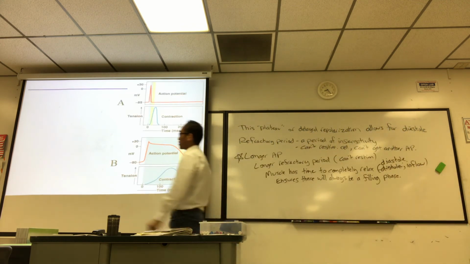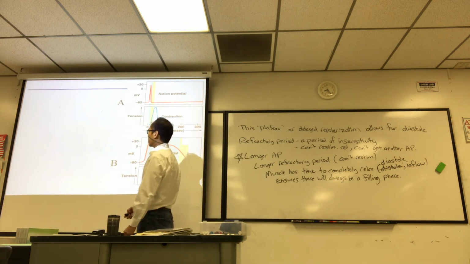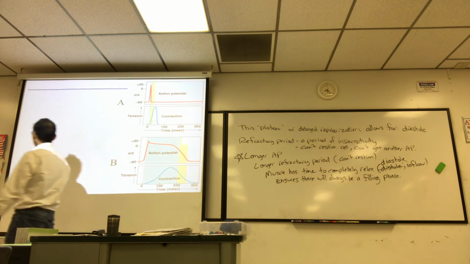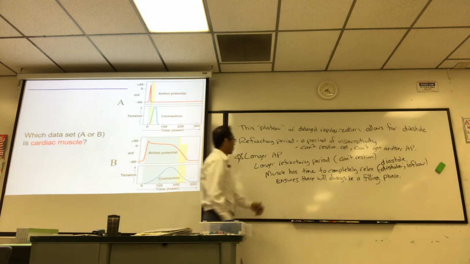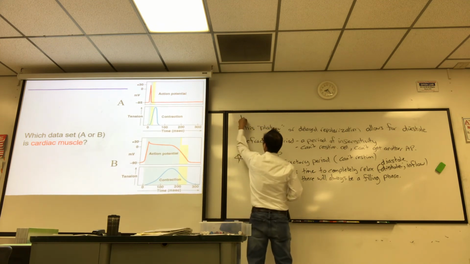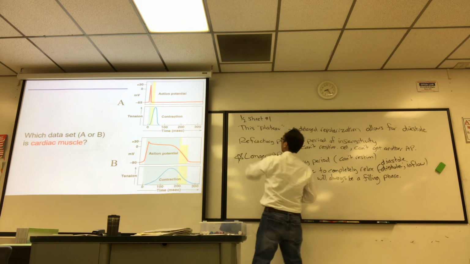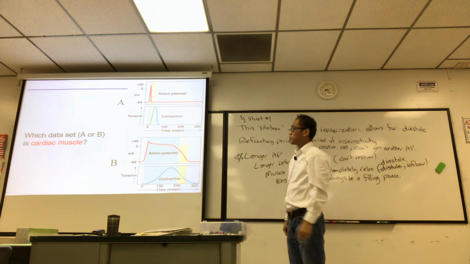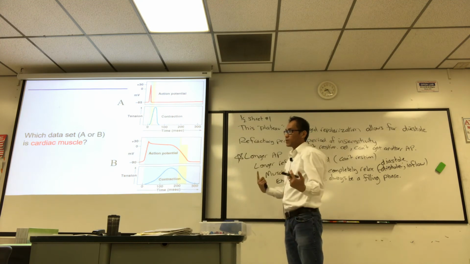Let's move on here. For example, on your half sheet, what's wrong with this thing? Let's call this number 1, after your little table there. You're just choosing A or B, and I'm asking you to look at it and say which one's the cardiac muscle.